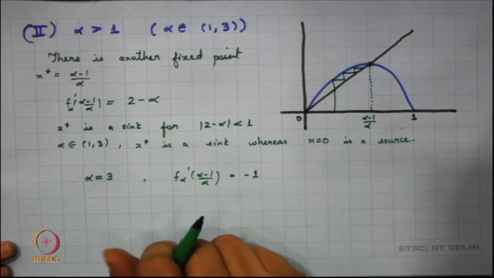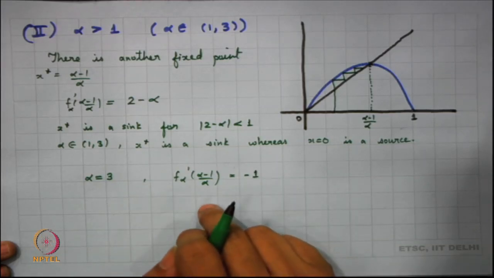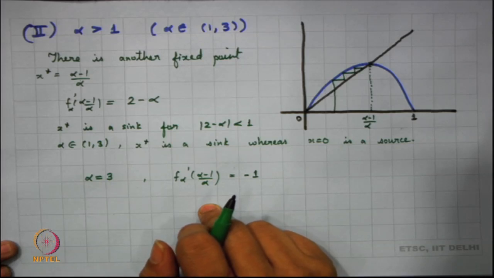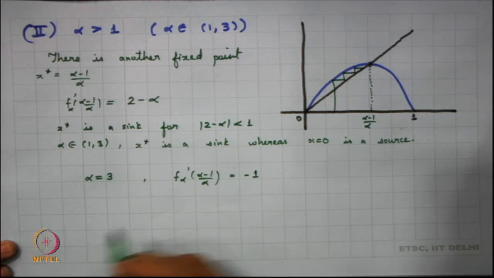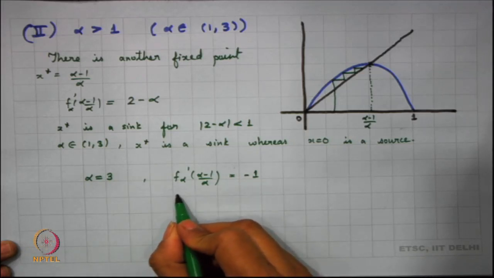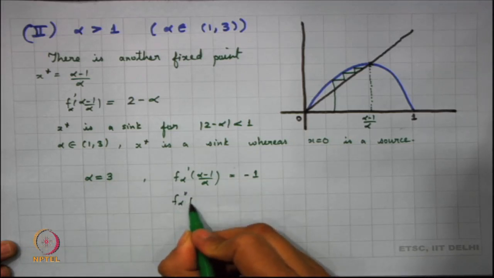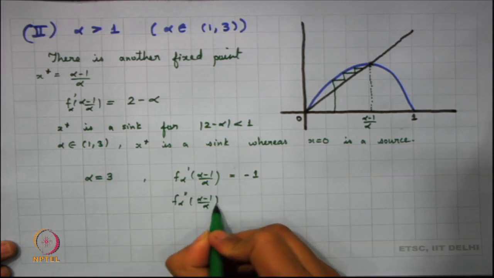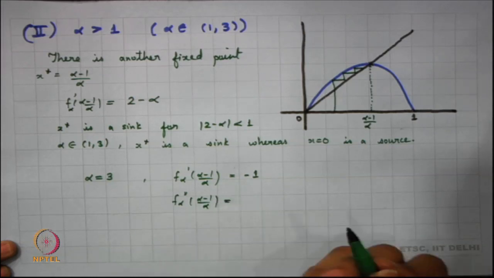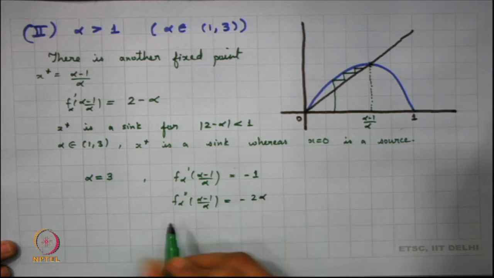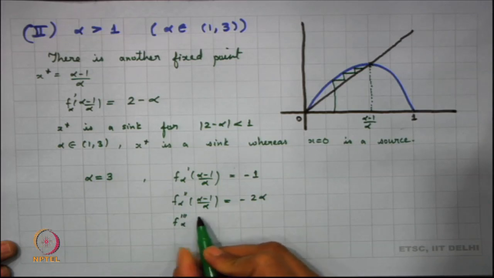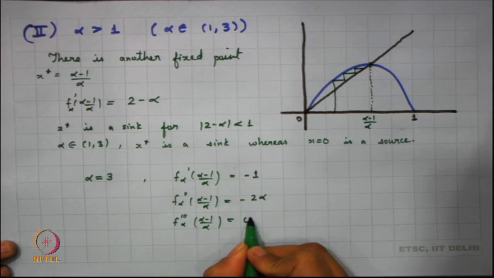Minus 1. So, this point x star is now a non-hyperbolic fixed point, and since this is a non-hyperbolic fixed point, we now look into again what is f alpha double prime at alpha minus 1 by alpha, which basically is my minus 2 alpha, and my f alpha triple prime at alpha minus 1 by alpha happens to be equal to 0.